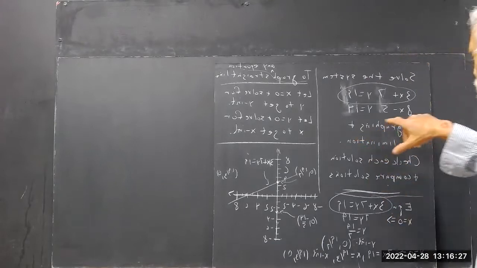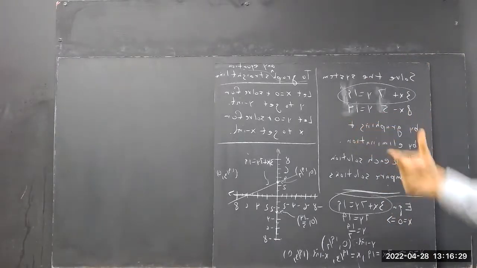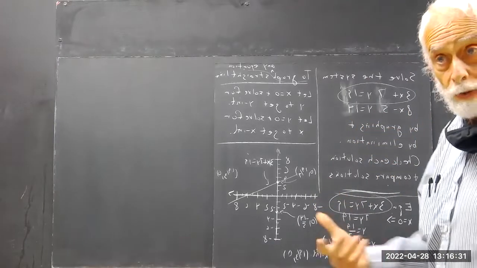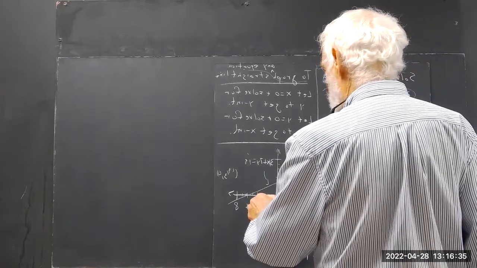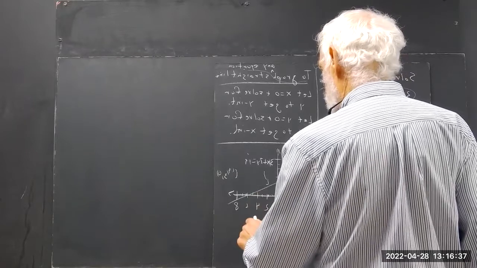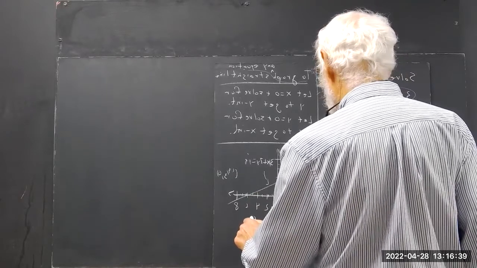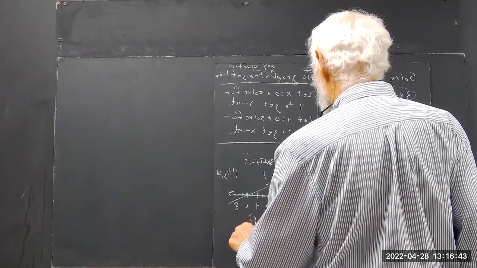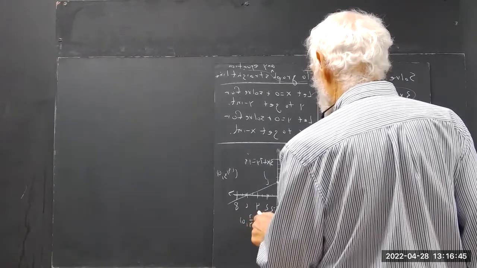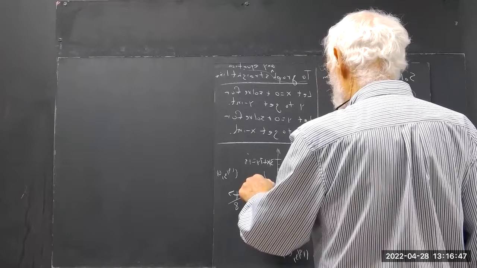And then if y is 0, x is 14/8, which is 7/4, 1 3/4. So here's your point, 7/4, 0, which is your x-intercept.